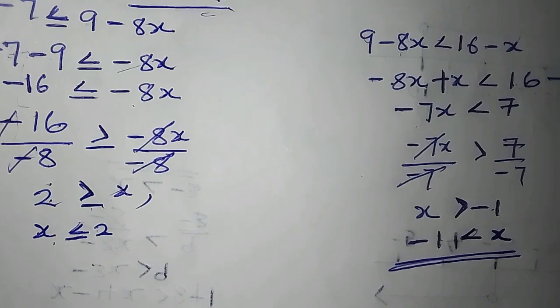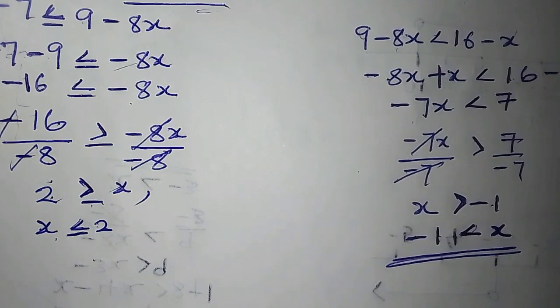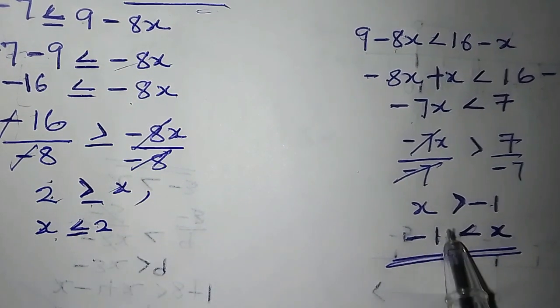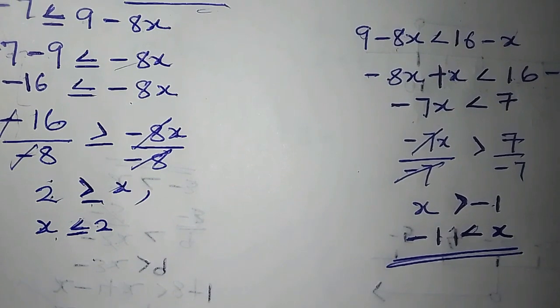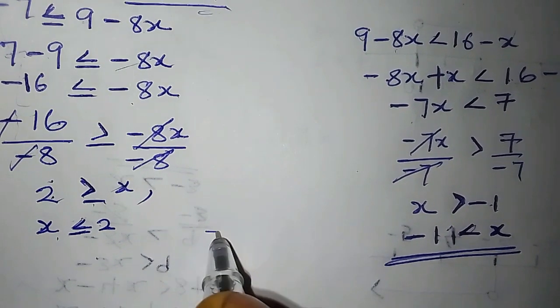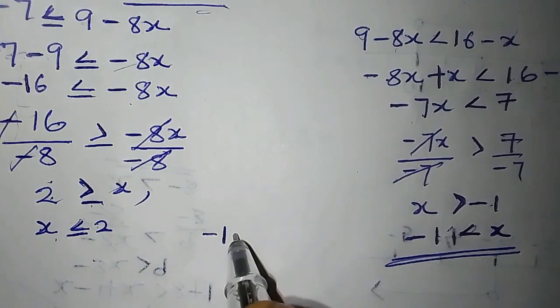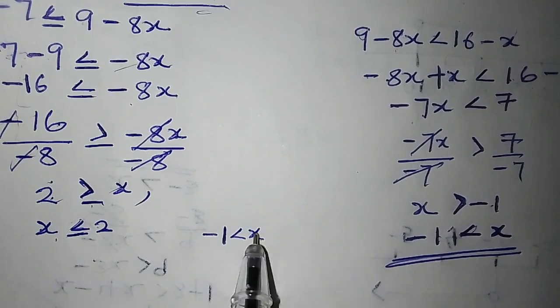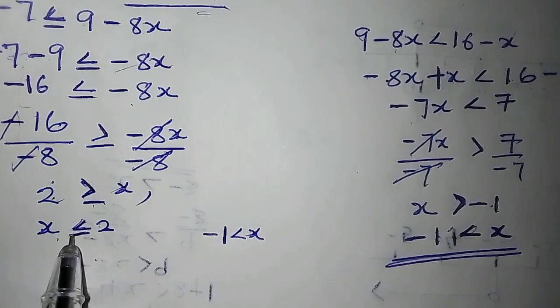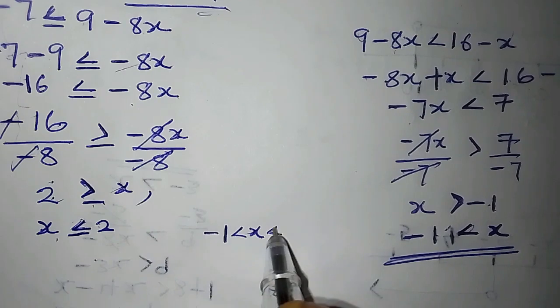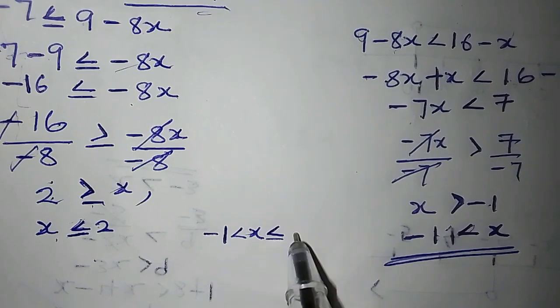So let's combine these inequalities. The combination of these two inequalities will be like this: minus 1 is less than x, and this same x is less than or equal to 2.